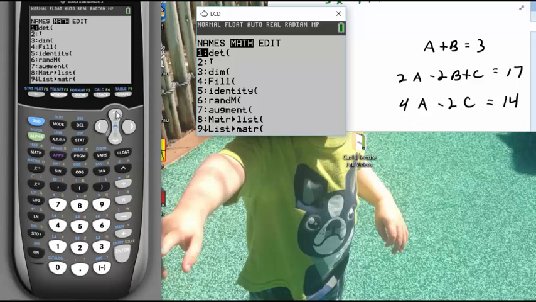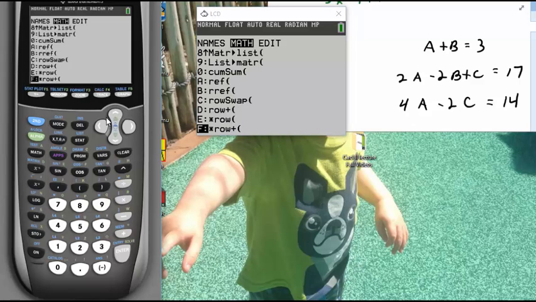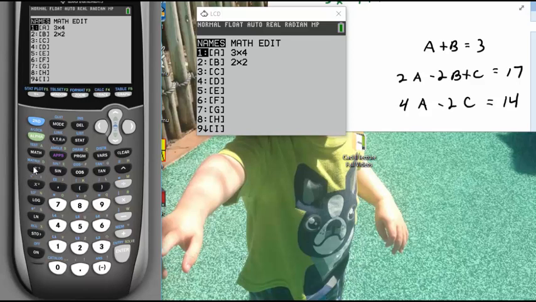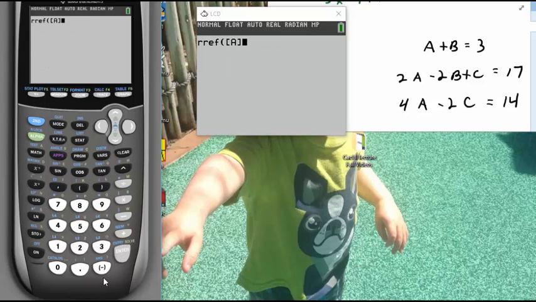We're actually going to go up to where it says rref, and hit enter. Now call up the matrix. So just go back into the matrix menu. Once again, you're always going back into the matrix menu. Second function, x to the negative 1 if you have a TI-84. And then hit enter because it was matrix A. You can close parentheses, you don't need to. Hit enter.